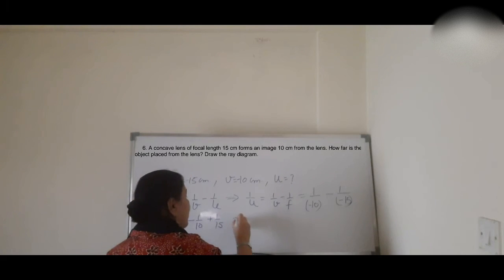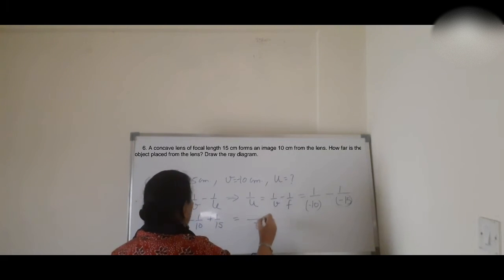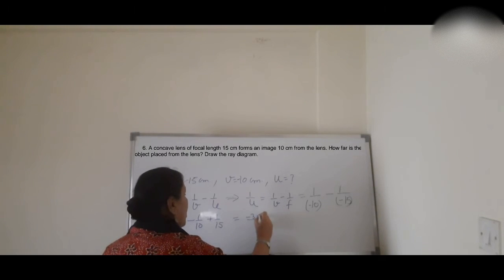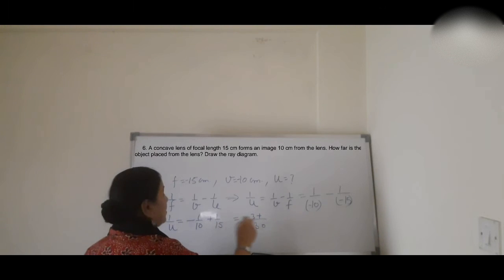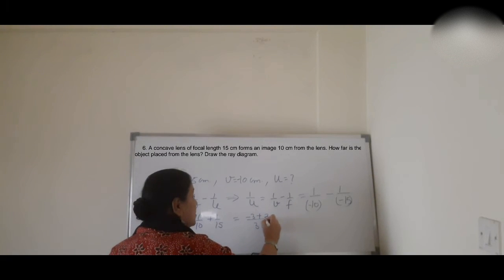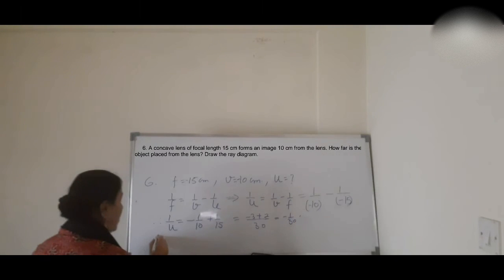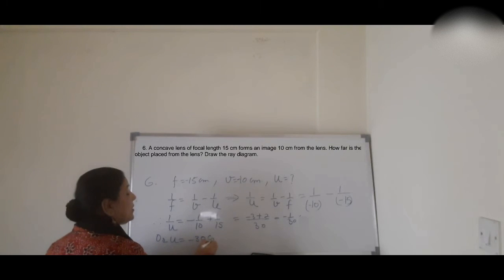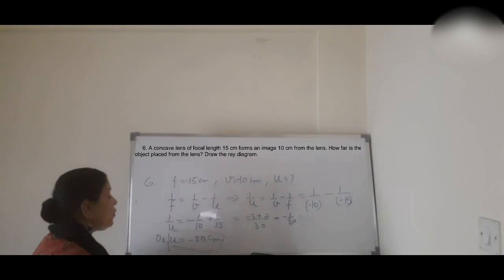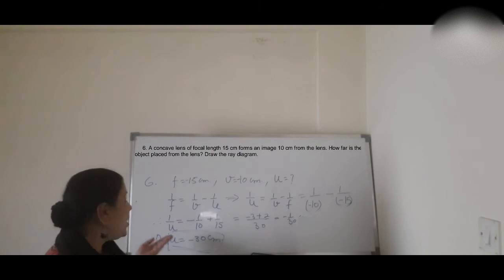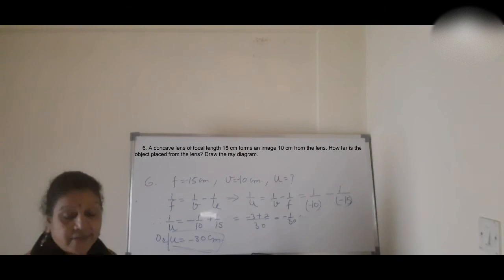Taking the LCM as 30, we get minus 3 plus 2, so 1 upon u is minus 1 upon 30, or u is equal to minus 30 centimeter. So 1 upon u is minus 1 upon 30, so u is equal to minus 30.